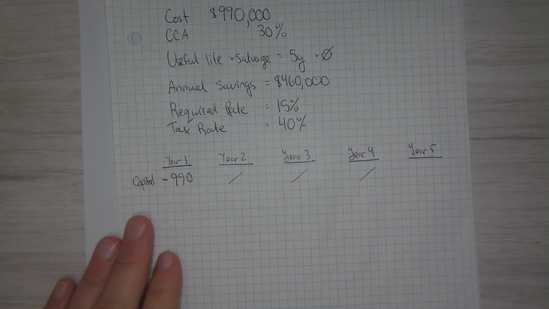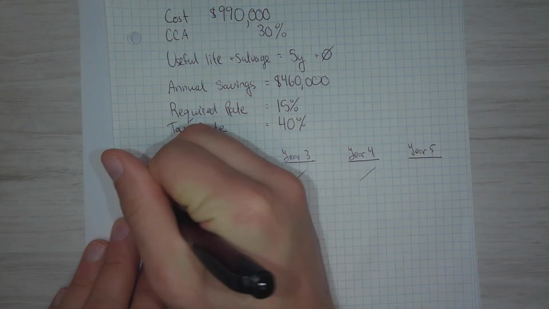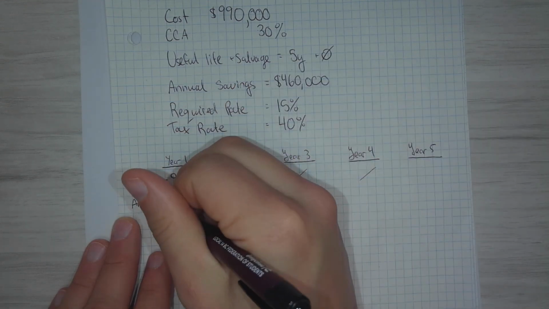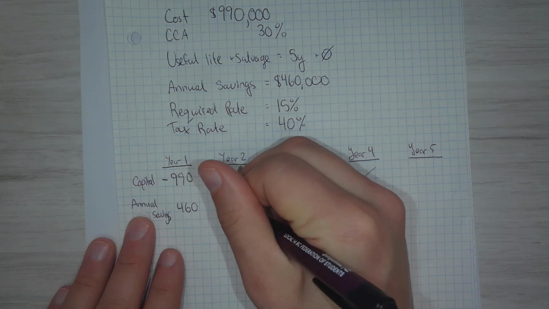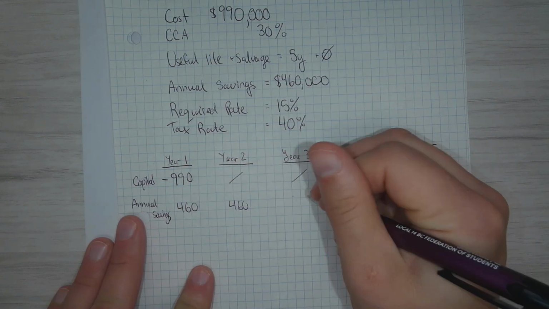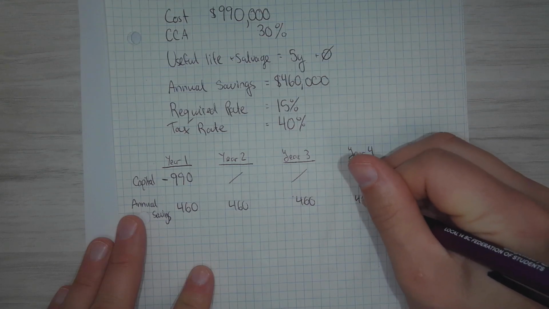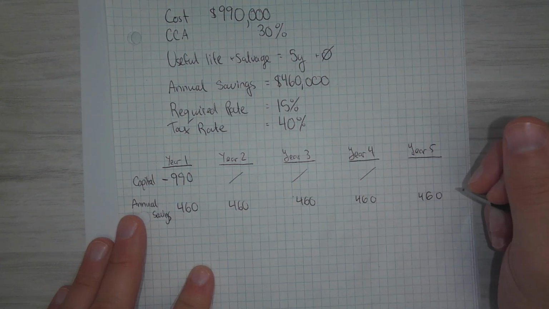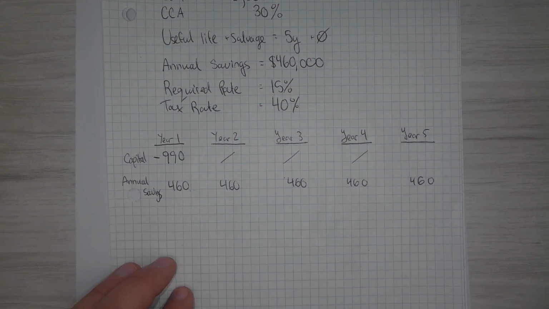Our annual savings is $460,000. So this will be part of our cash flow.